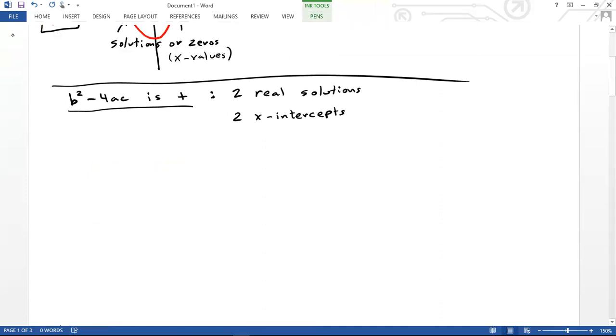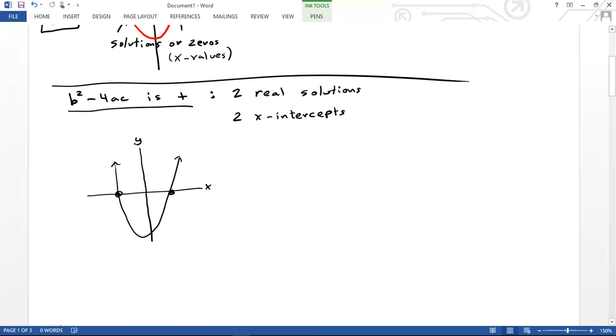And it's going to look like this. Anything where it hits the x-axis in 2 different points. Those points are going to be your solutions.